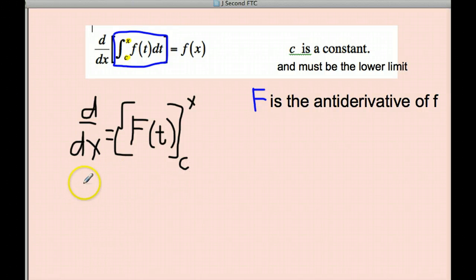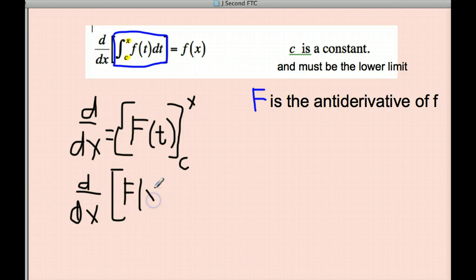And then, to take it one step further, don't I plug in my upper limit and my lower limit? I'm going to just keep this d dx and leave it there for now. Since I'm plugging in, instead of that t, my first one would be capital F of x minus capital F of c.